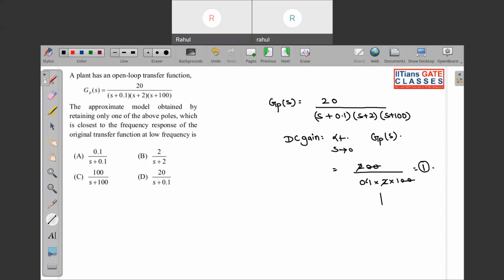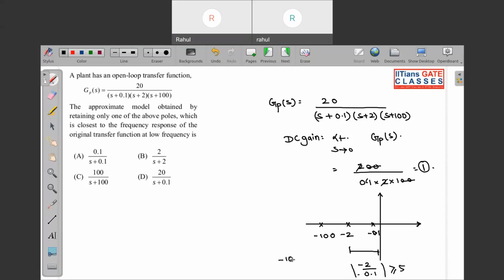And what are the poles present over here? So you can see one of the poles is at -0.1, another is at -2, another is at -100. So what is the distance between these? You can see -2 by -0.1, so that is greater than or equal to 5.